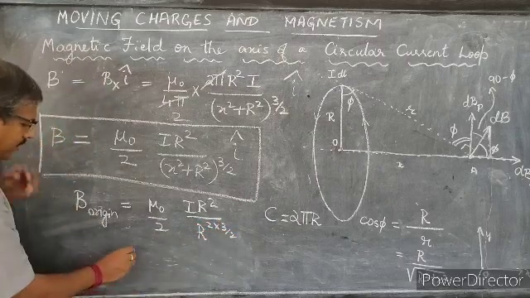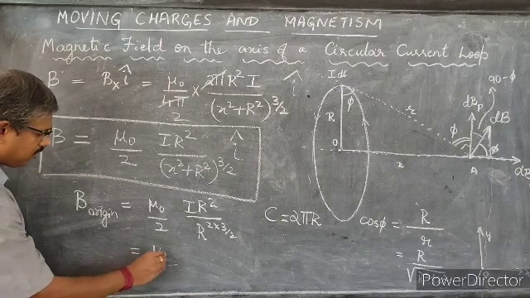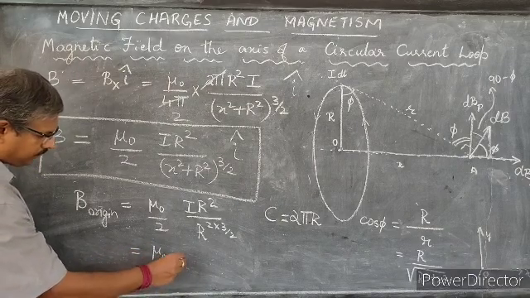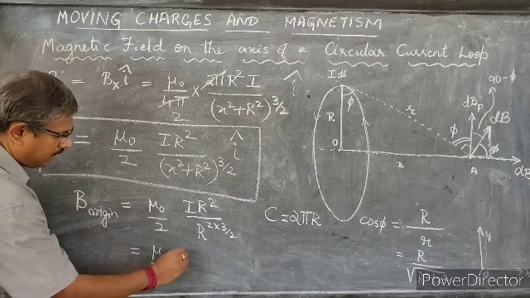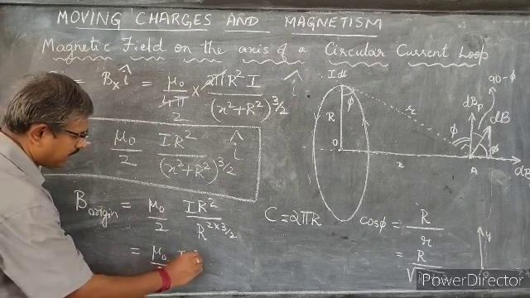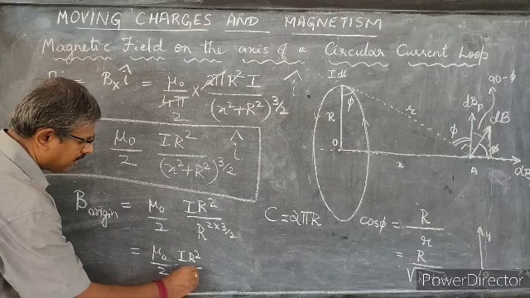So that on simplification gives me mu naught by 2 I R square by R cube.